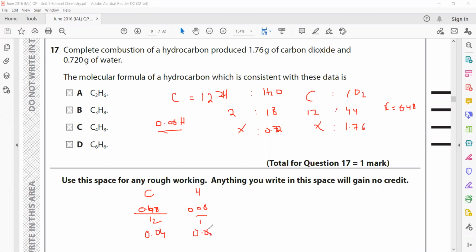Then we divide by the smallest value, which is 0.04, and take the simplest ratio. So the ratio between carbon and hydrogen is 1:2. So the empirical formula is CH2. Which formula has the simplest ratio 1:2? So C is the right answer.